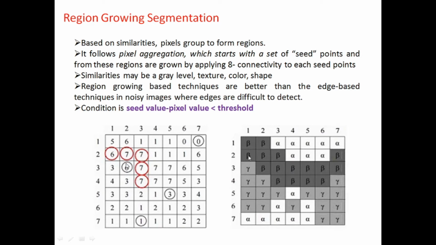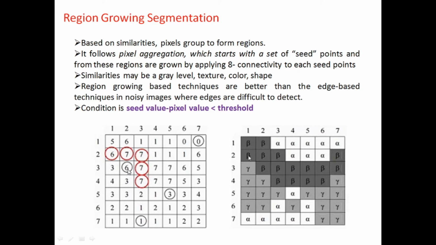So if I treat this 6 as a seed point and would like to form a region with its surrounding pixels, there should be a condition that it should satisfy. That is, the seed value minus the pixel value, and if this difference is less than the threshold, the region will be formed.